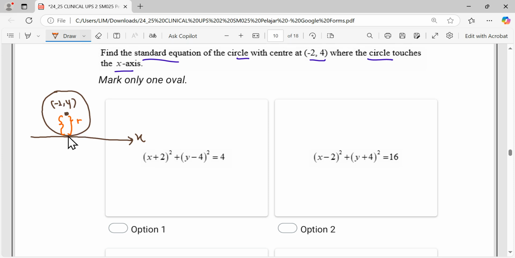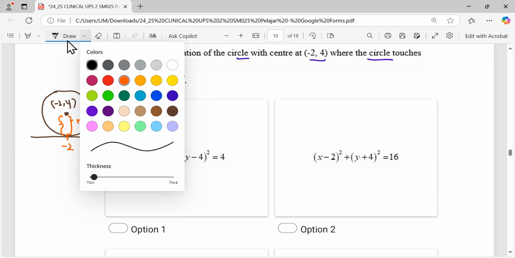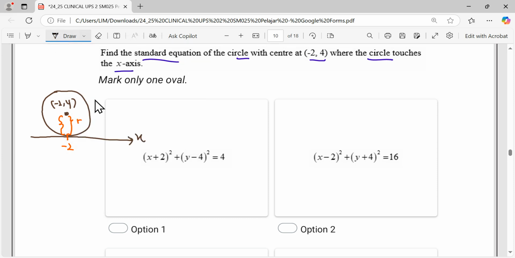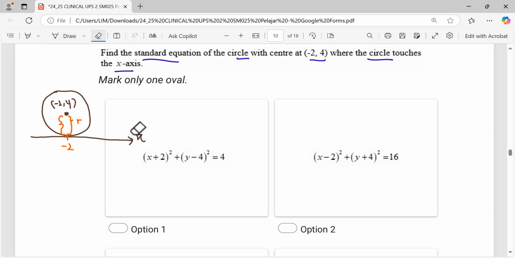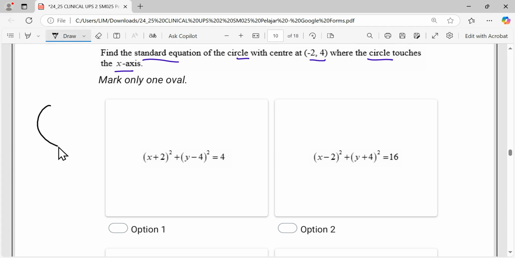If you can see, negative 2 means this point is negative 2. And when I want to plot my y-axis, when this point is negative 2, supposedly it is below our x-axis. Alright, so we draw it. Negative 2, 4.